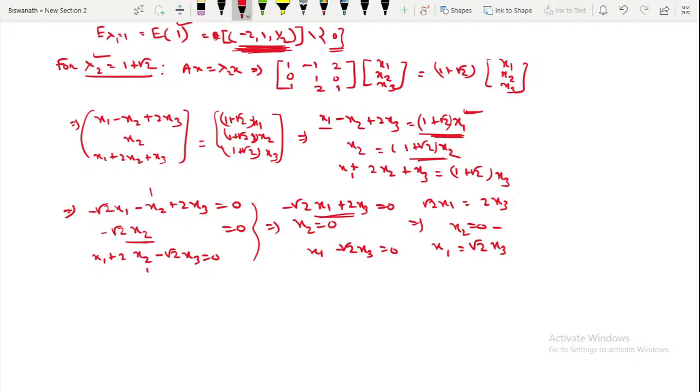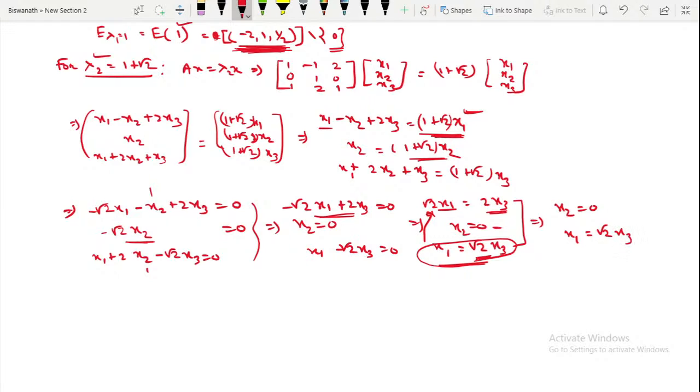These two things are equal: if you multiply root 2 here, then it will be root 2 x1, root 2 x1, and root 2 into root 2 is 2, so 2x3. That means we are getting only two things. One is x2 equal to 0 and another one is x1 equal to root 2 x3.